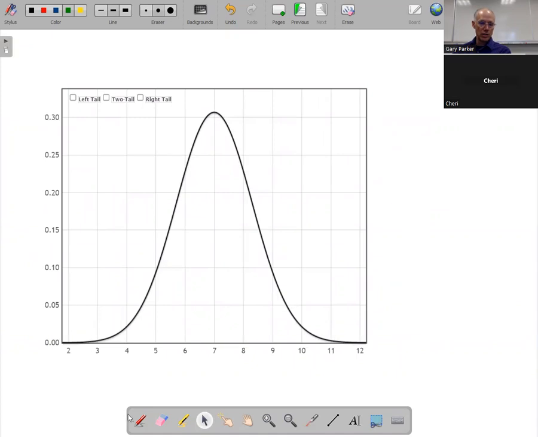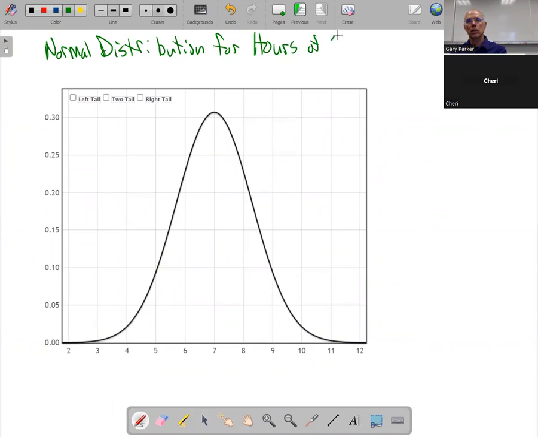So this here is a normal distribution for hours of sleep per night for BMCC students. And I'm using my sample to estimate the population.